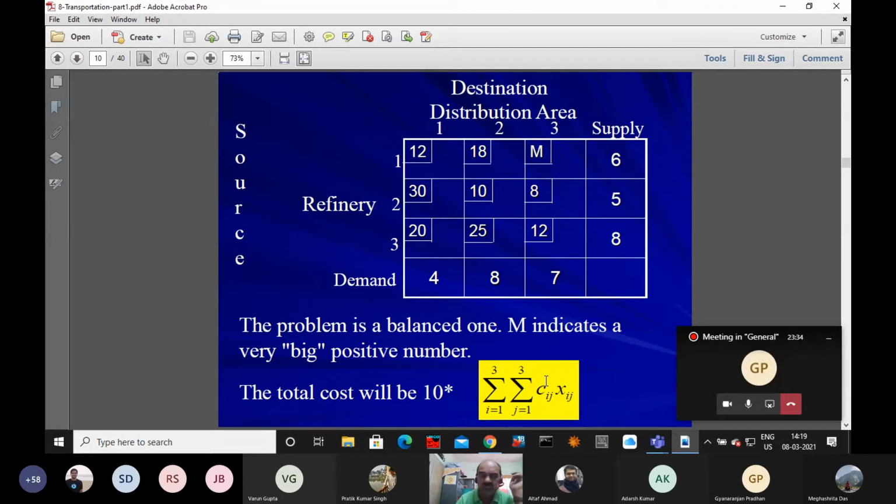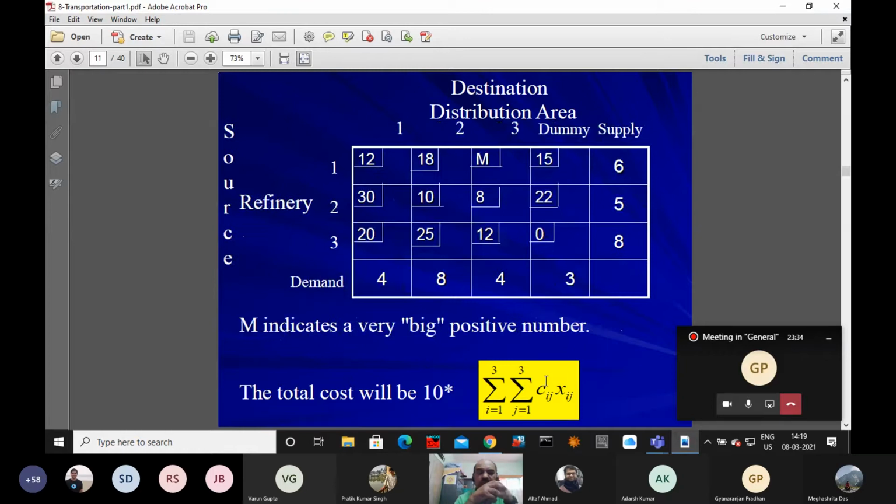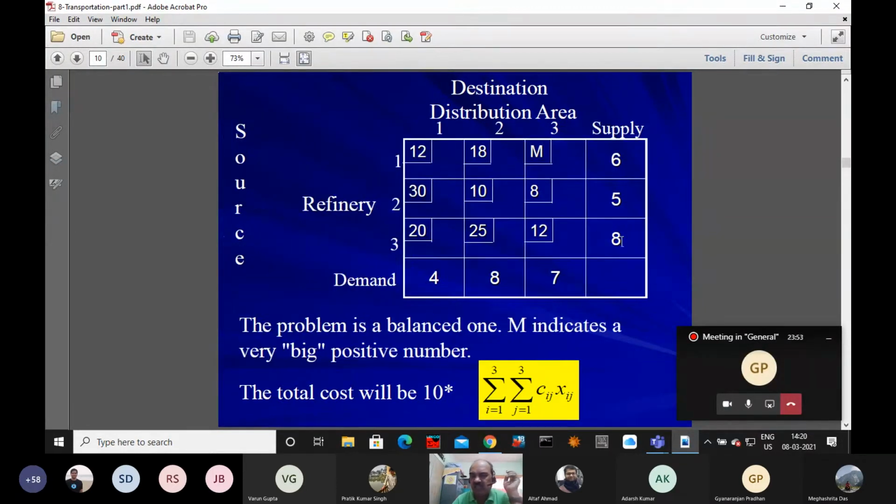What are the constraints here? The constraints in this problem, as I have already mentioned, are 6, 5, 8, that is 19, and here 4, 8, 7, that is 19. So this is a balanced one.